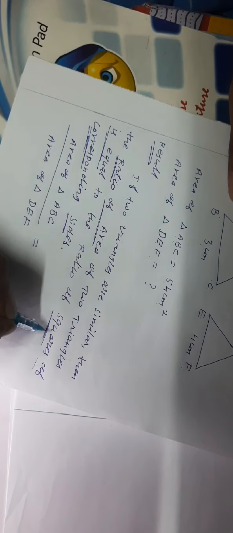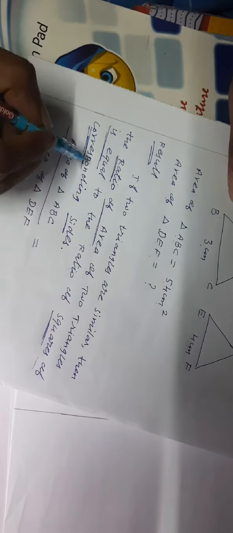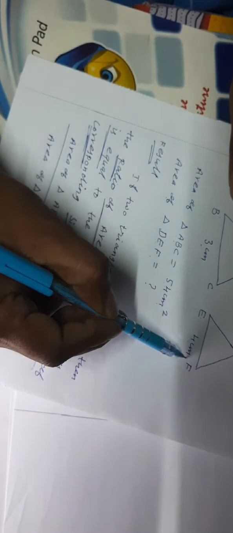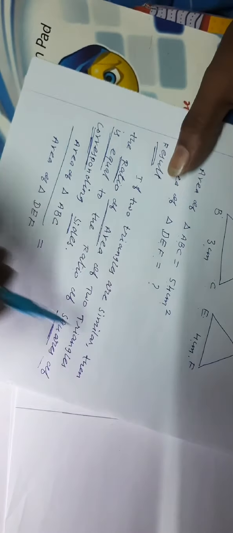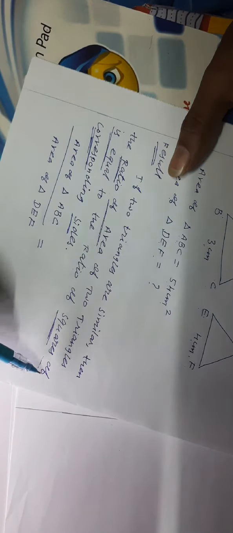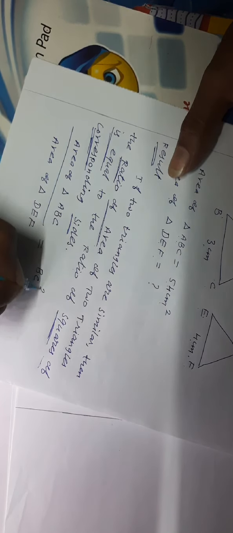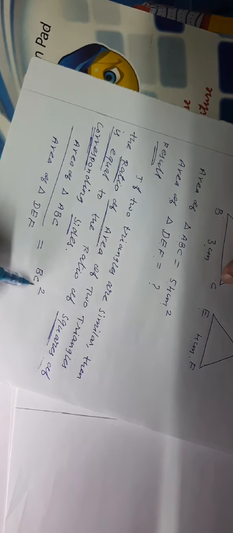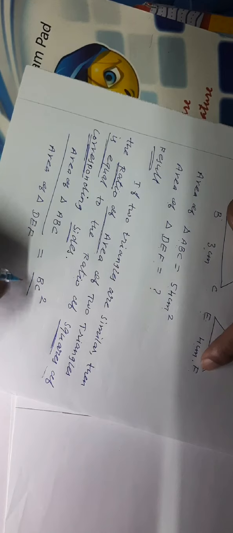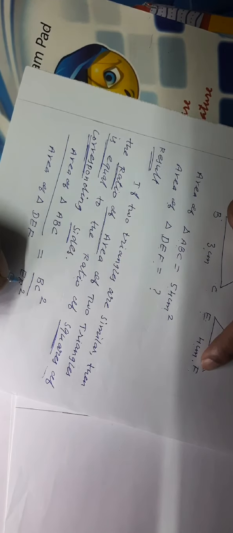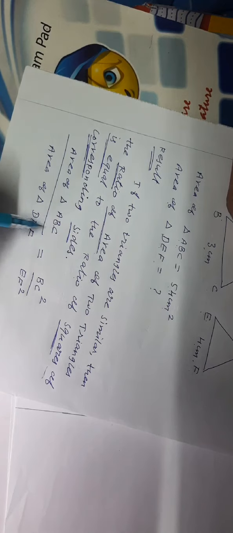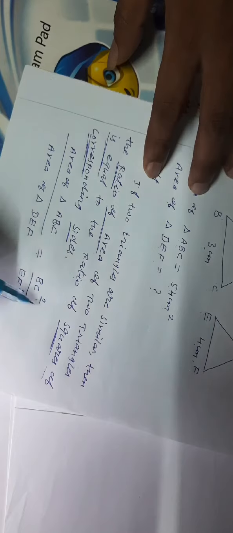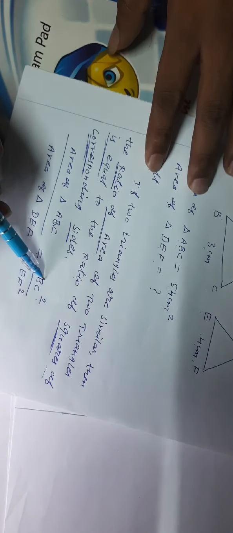The corresponding sides are BC and EF, so BC squared by EF squared.